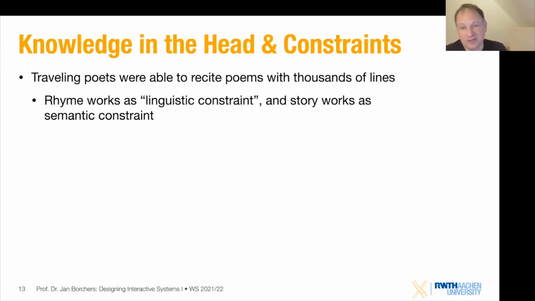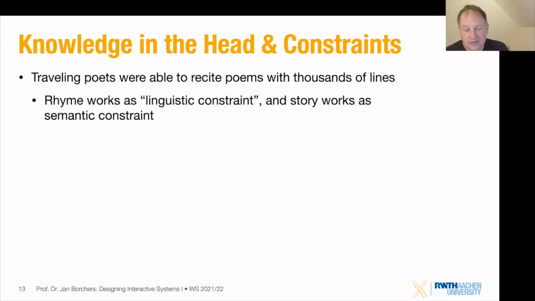Well, in part, yes, these people had great memory. I mean, that's a given. But also, rhyme inside a poem actually works like, we could call it a linguistic constraint, right? Because if there's a line, there once was a man from Newcastle, then it has to rhyme with Newcastle, whatever's coming in line 2, right?